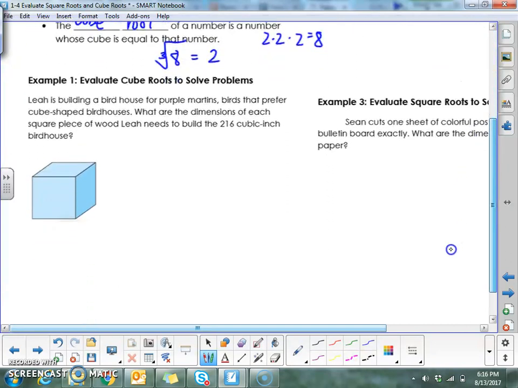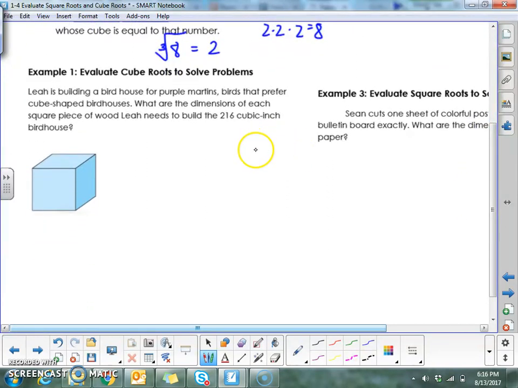When we have cube roots, you're looking for what number times itself 3 times gives you that number. So for example 1, we're going to evaluate cube roots to solve problems. So here we have a little bit of a word problem and some geometry mixed in. So Leah is building a birdhouse for purple martins, birds that prefer cube-shaped birdhouses. What are the dimensions of each square piece of wood that Leah needs to build this 216 cubic inch birdhouse?